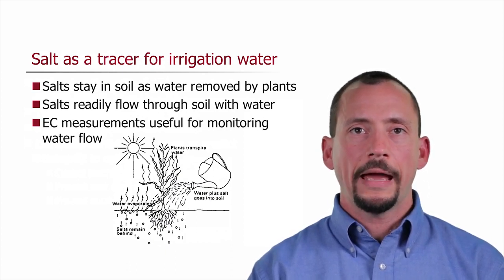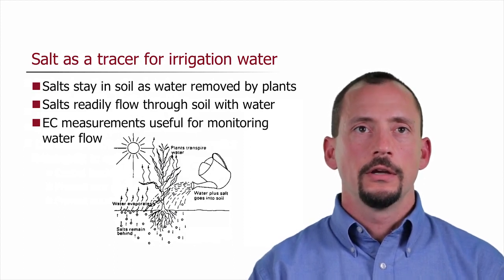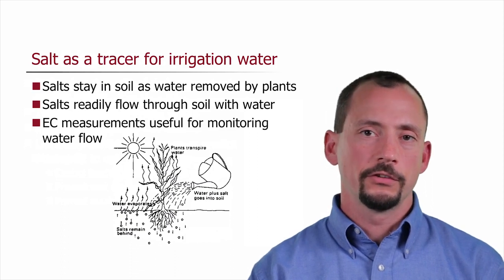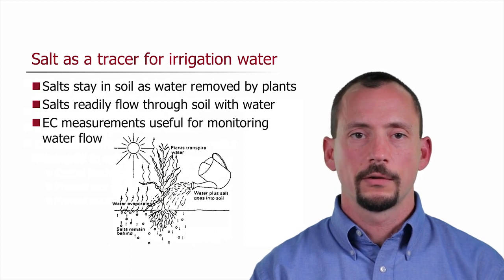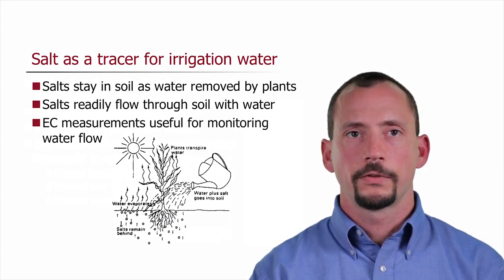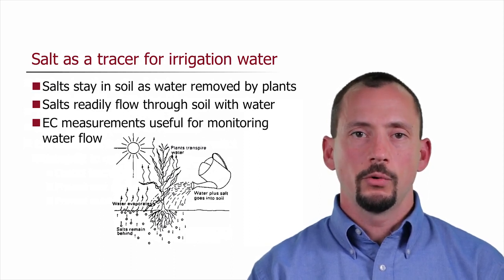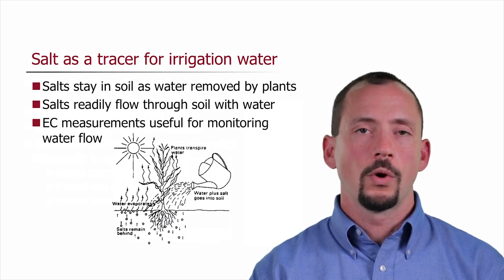If you add water to your soil, that water carries with it some salt. That salt stays in the soil as the water is removed by plants. Other than some of the nutrients that are absorbed by the roots, most of the salts that we think about are stuck in the soil. So you can use those salts as a tracer to understand where your water is going.